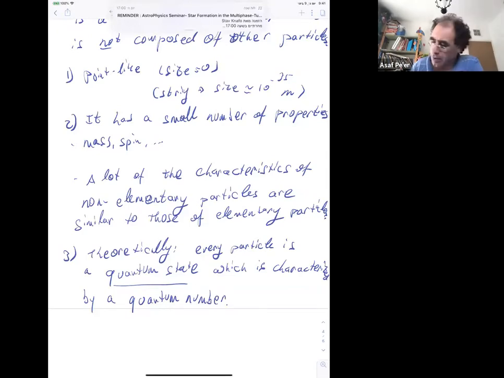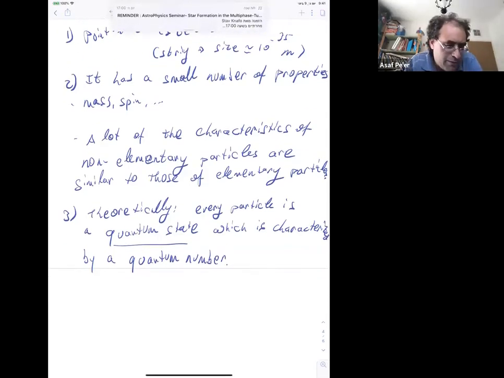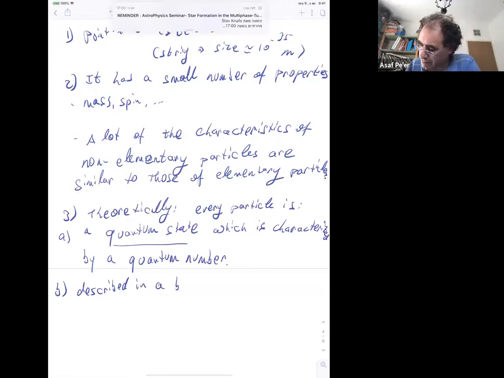And it is described in the basis of eigenstates of the relevant symmetry operator and corresponds to a member in a representation of this operator. I know this may not sound very easy at the moment, but this will become clearer later.